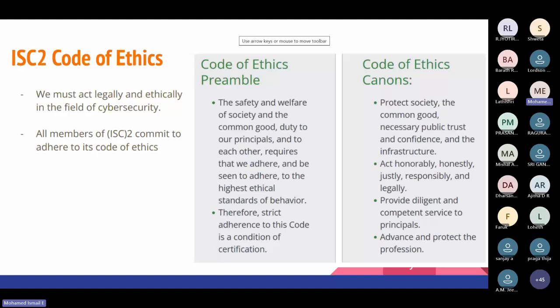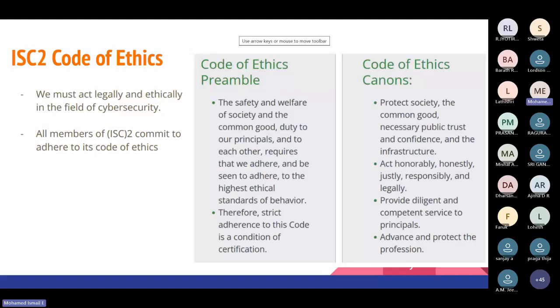Act honorably, honestly, justly, responsibly and legally. Why did they add this statement? When you are working in a company, you may go along with the favor of someone, or try to hide something from management, but you are the trusted person in the cybersecurity domain. If you are not acting honorably or honestly, what will happen?